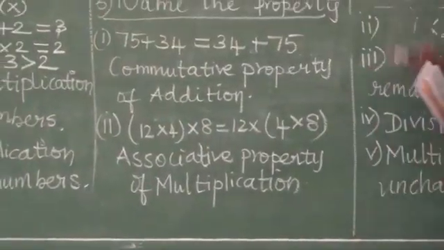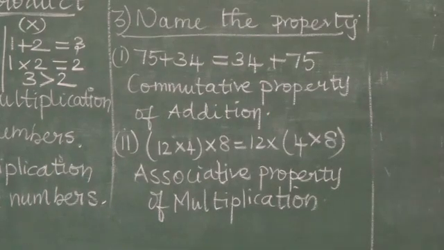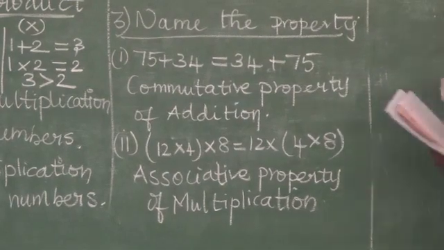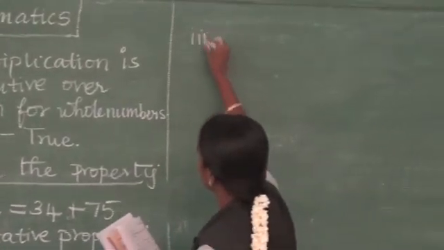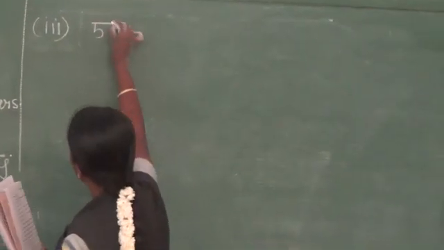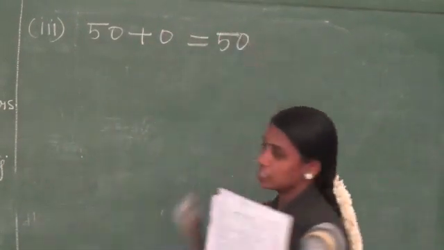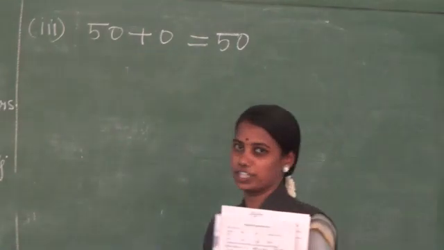Next option. Option 3, 50 plus 0 is 50. Which property is it?